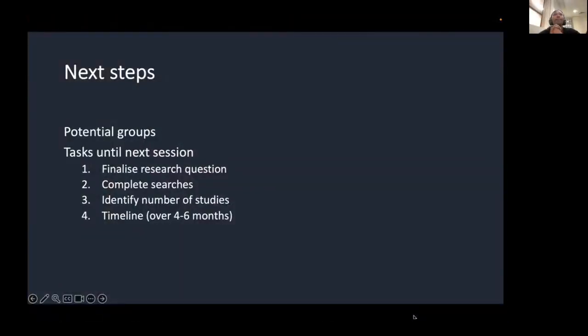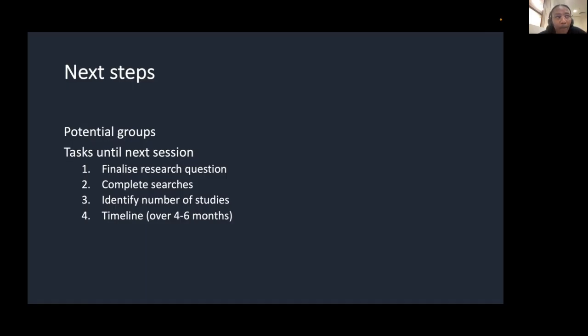So ideally this would be done in groups, so people who are interested in picking up a research project or taking the lead on a research project could nominate themselves either here or in the research WhatsApp group. If you're not part of that WhatsApp group, please let someone know in the chat now so that you can be added to that, or to the general WhatsApp group.